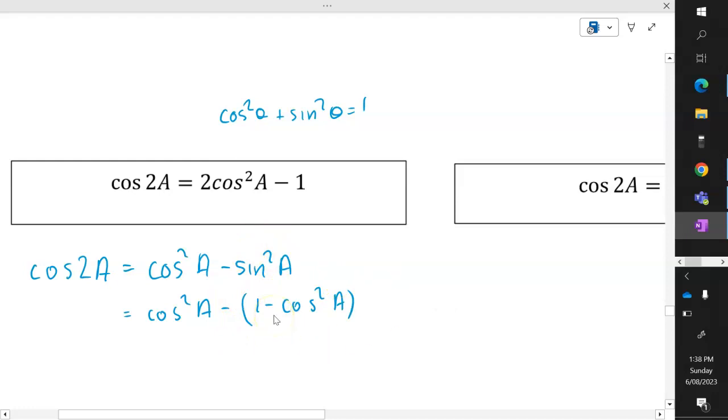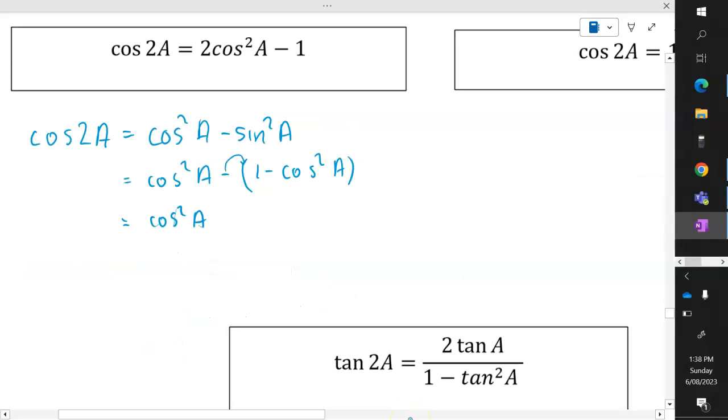So what I'm going to end up with is cos squared A, taking that minus through, minus 1 plus cos squared A. So I have 2 cos squared A minus 1, which is what we were requiring up the top.